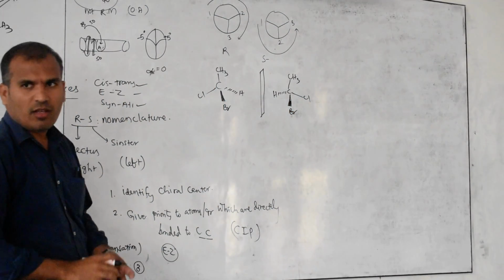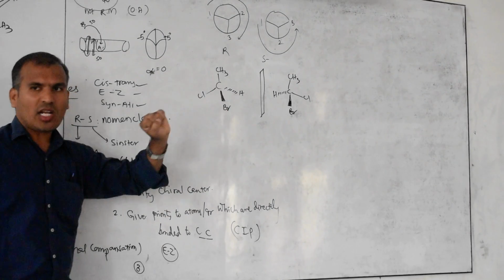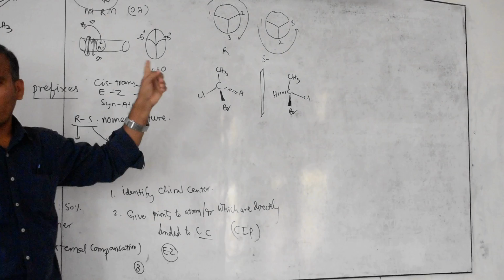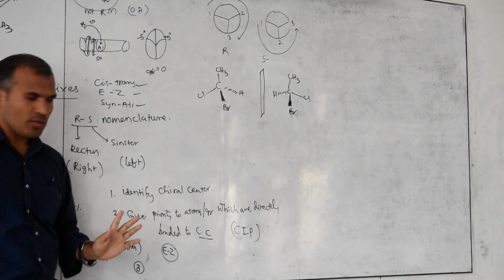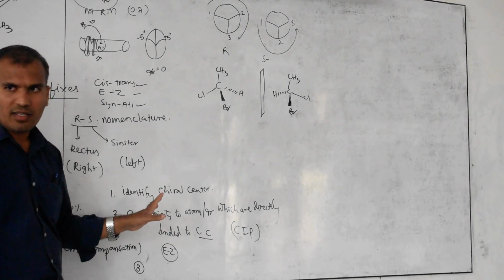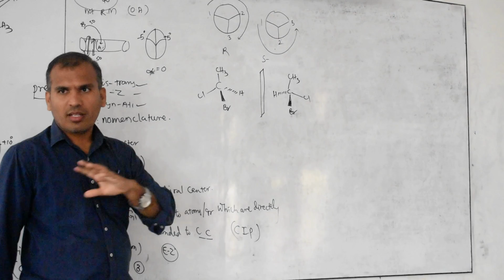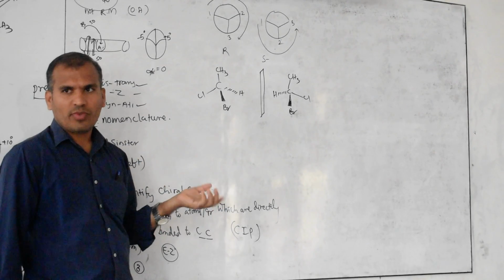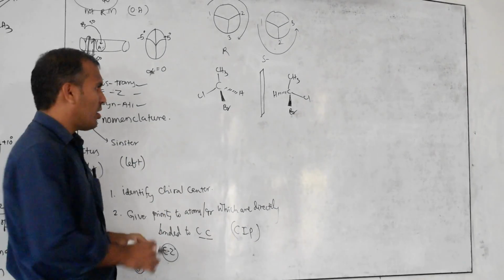Clear? What is the first rule? Identify the chiral center. Is there a chiral center or not? Chiral means all four groups are different. Yes. Second, give priority to atoms or groups directly bonded to the chiral center. How to give the priority? Based on the CIP rules, higher atomic number first, then the next.